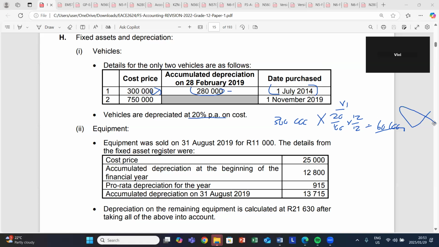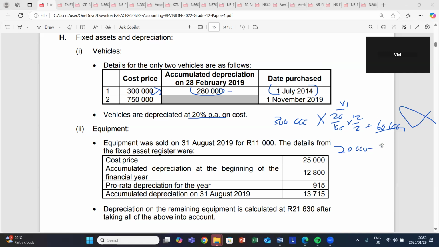So how are we going to deal with that? You will say carrying value at the beginning. How much is our carrying value at the beginning? We'll say 300,000 minus 280,000. When you say 300,000 minus 280,000, we get 20,000 rand. Therefore, 20,000 rand is our carrying value.